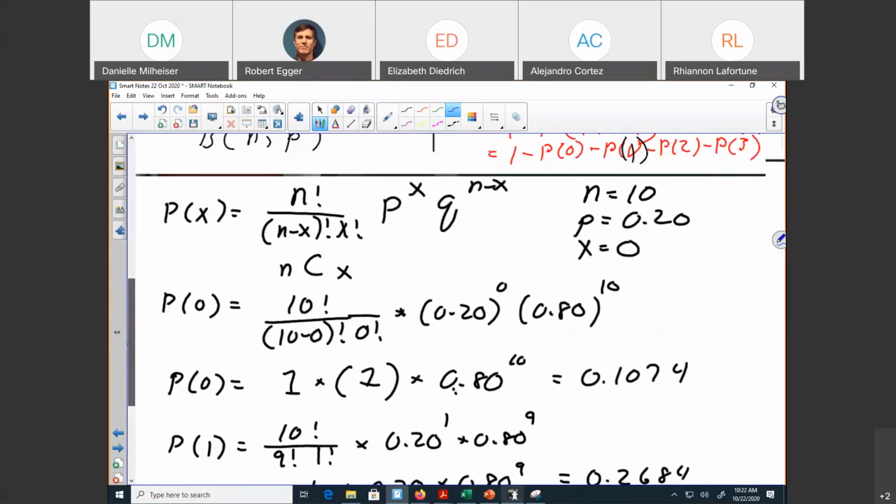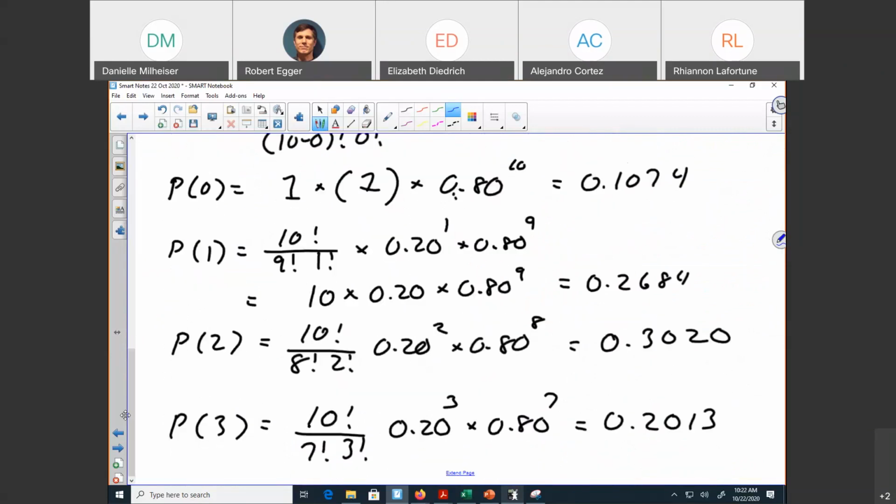So now we basically have to add all these up: 0.1074, 0.2684, 0.3020, and 0.2013. Add them all up, and that adds up to 0.8791.